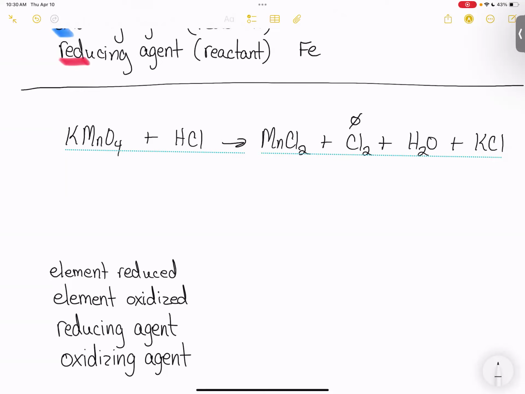Potassium always has what charge in an ionic compound? +1. What charge does the manganese in MnCl2 have? Oh, I just gave it away. It's a +2, and we know that because chloride's a -1, and so it had to be a +2. The next rule says that hydrogens are a +1.